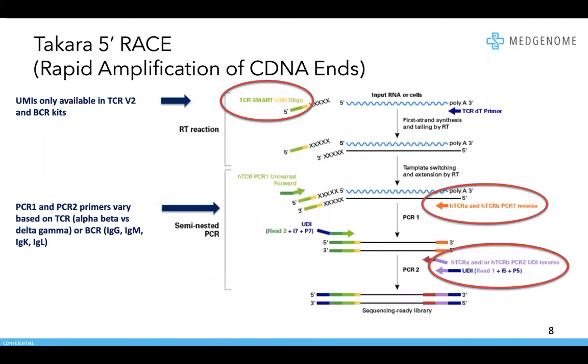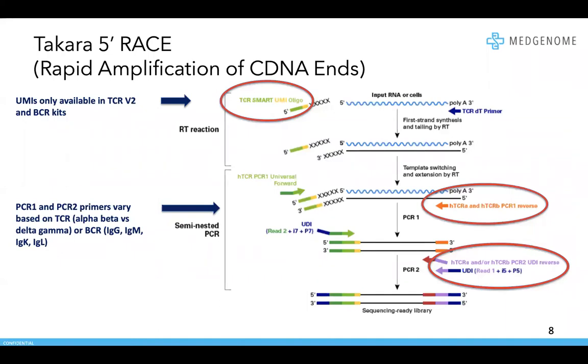Looking at the TCR kit that we use in-house, actually a lot of the TCR kits work on a similar principle, whether it's the TCR, BCR kits or RNA-seq kits. They use 5' RACE, which stands for rapid amplification of cDNA ends.